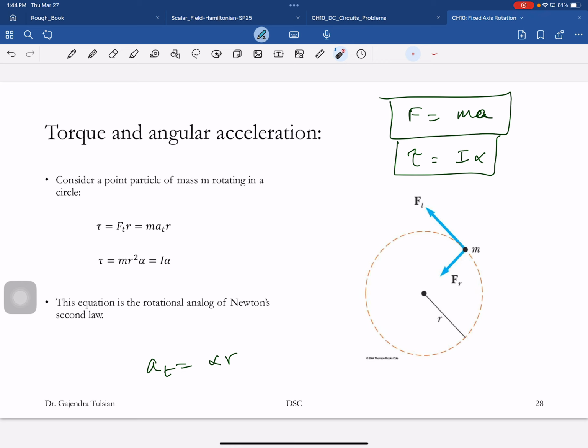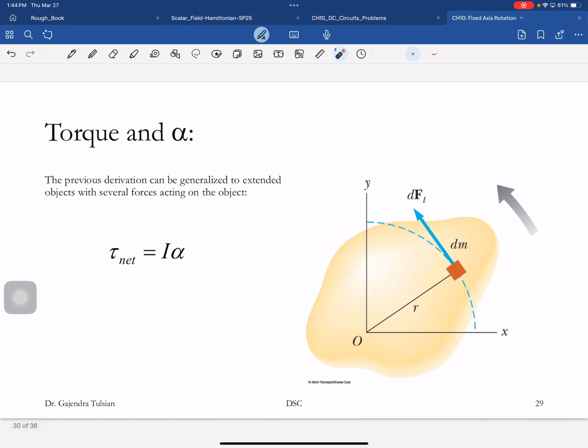Here's what I want you to notice. Again, forces get replaced by torques in rotational motion, masses get replaced by moment of inertia, and linear acceleration gets replaced by angular acceleration. We had said that net force was equal to that.